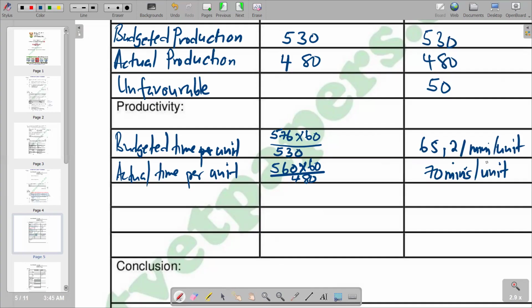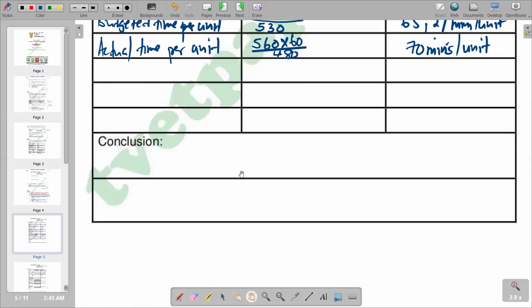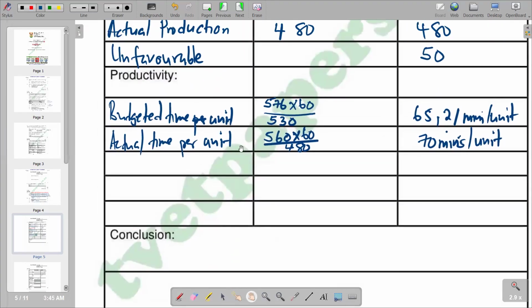Then you are supposed to come up with a conclusion, because you are basing your conclusion on productivity in terms of number of minutes per unit. So obviously the favorable position is where we have less time per unit.